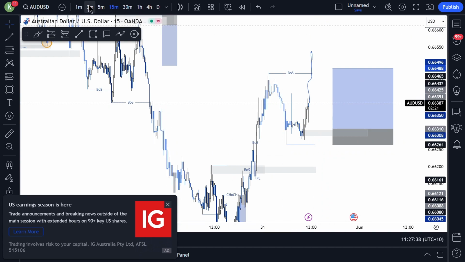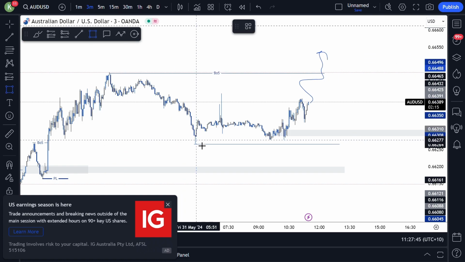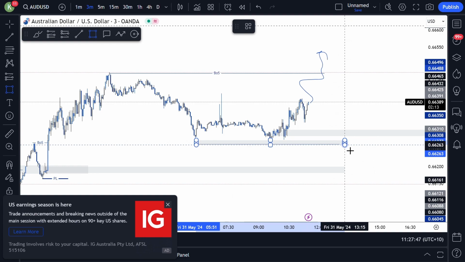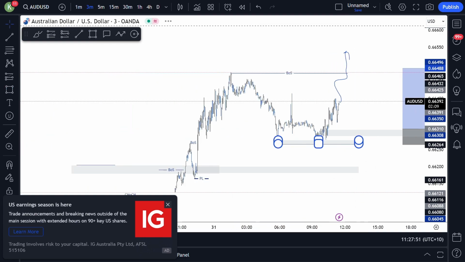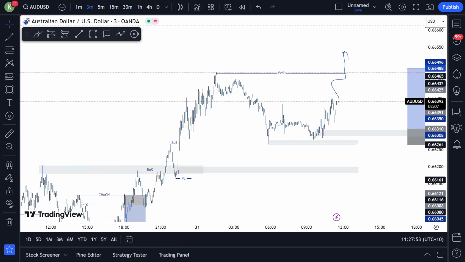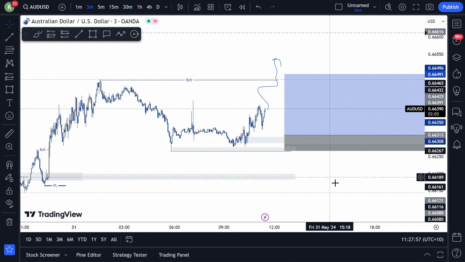Otherwise, I'd be going for this 3-minute unmitigated wick, and I think both of those are high probability plays, okay? So you've now got two scenarios that might play out today.